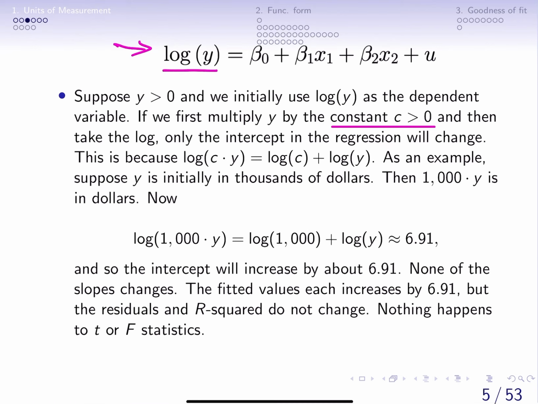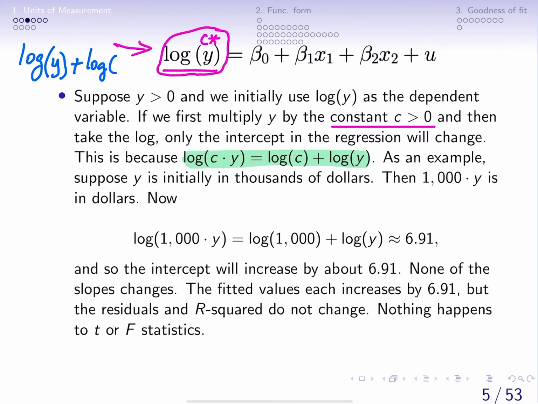If you think about the left-hand side becoming log of c times y, you can rewrite this as log of y plus log of c. So it's almost like an adjustment that's happening on the left-hand side.